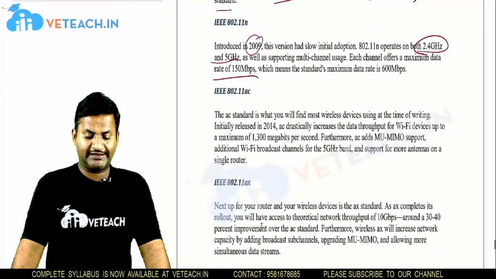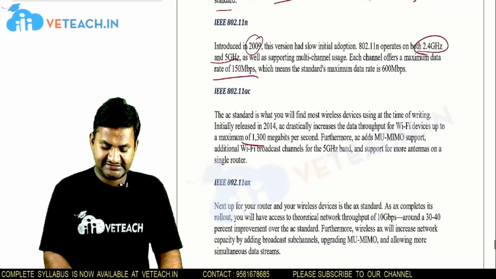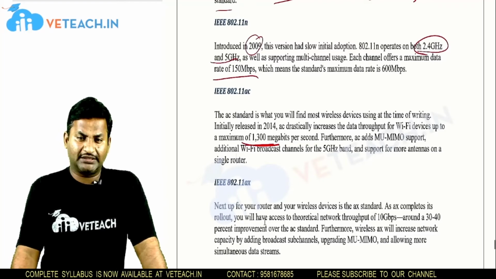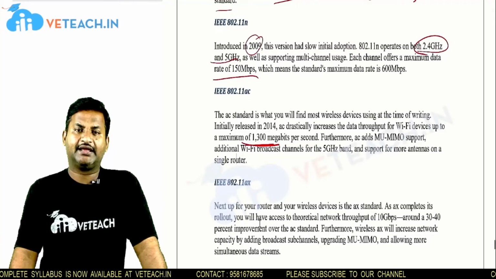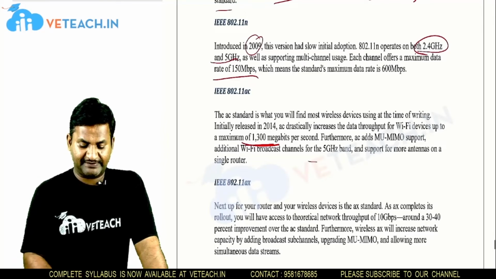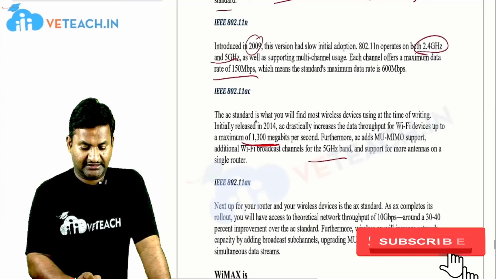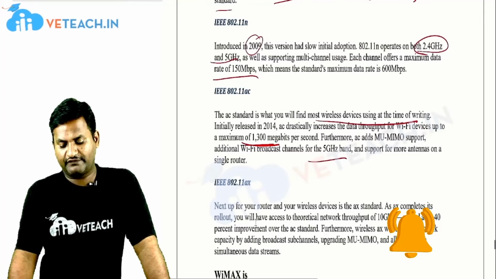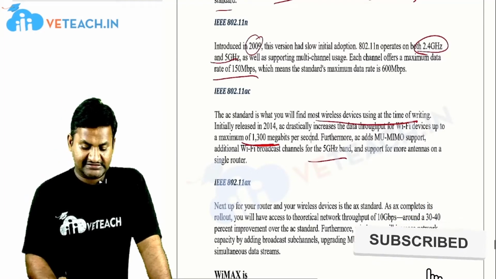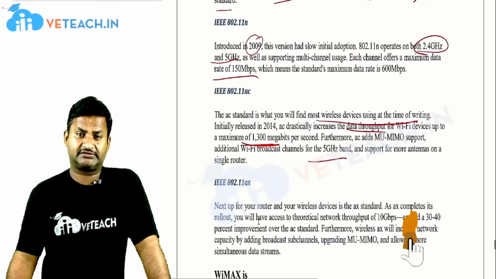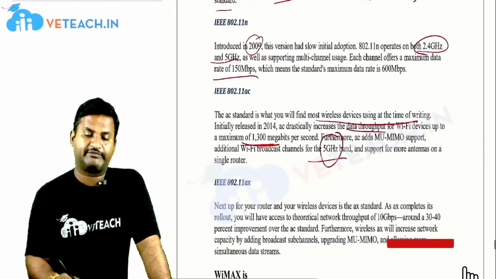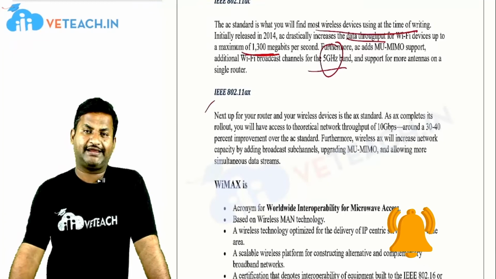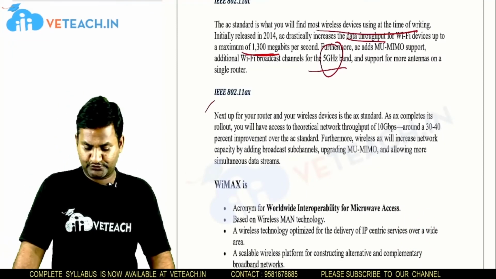Then IEEE 802.11ac has a maximum data rate of 1300 megabits per second, with the frequency band of 5 gigahertz. The AC standard is what you will find most wireless devices using at the time of writing. The next and latest one is IEEE 802.11ax, designed in 2019.